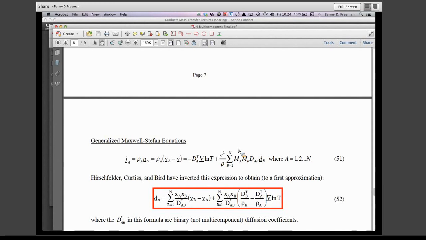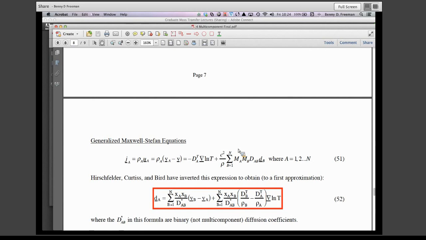Now, I want to share with you another variation or another approach to this issue of multi-component transport that's often widely used. And it's the so-called Maxwell-Stefan equations, and it proceeds from the following point of view.